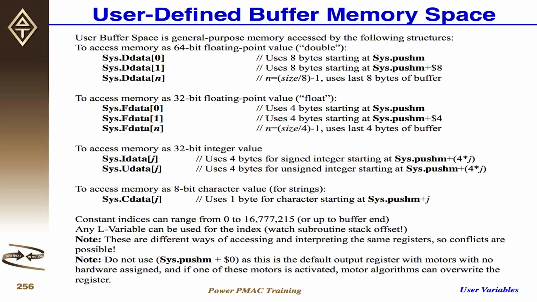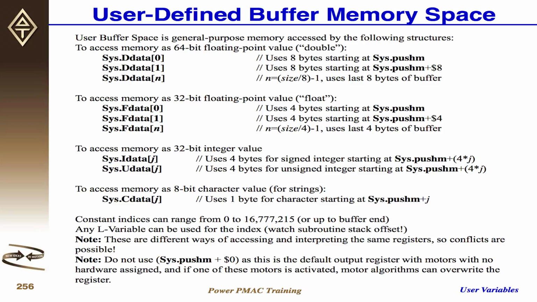If you wanted 32-bit rather than 64-bit, D being double, in this case we're going to go with floats, sys.fdata, same idea, except now the offset is going to be 4 per one because it's 32 bits instead of 64 bits. You can have idata, just 32-bit integer values. That's 32 bits, so it's also just going to be a 4-byte offset between indices. You can also just access an 8-bit character for a string, and that would be sys.cdata, and it's just a single byte long.